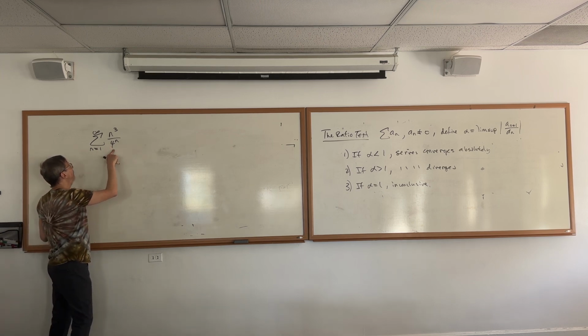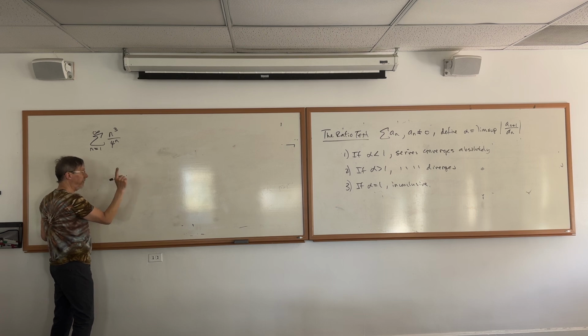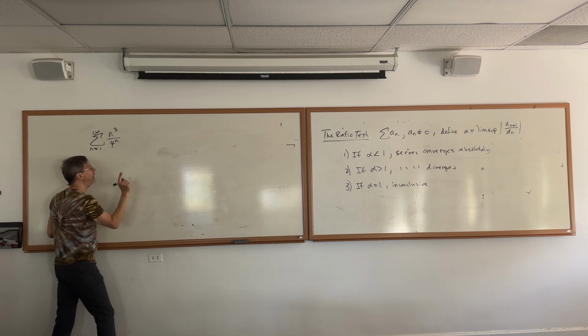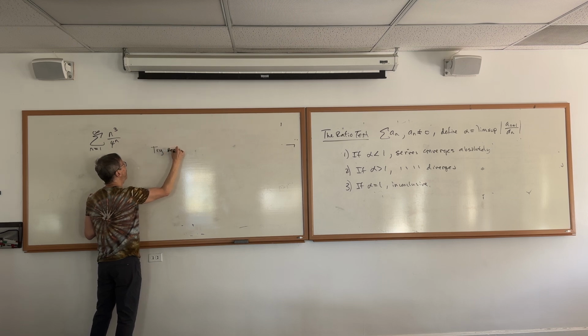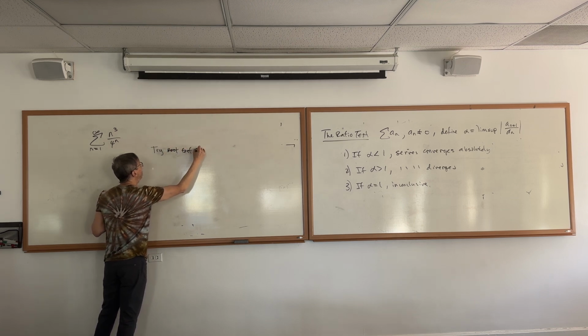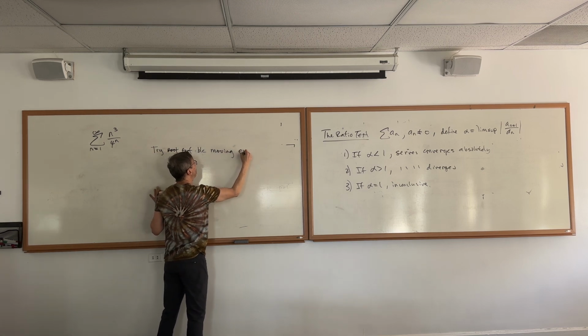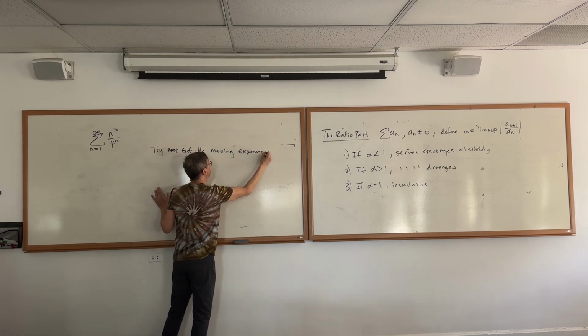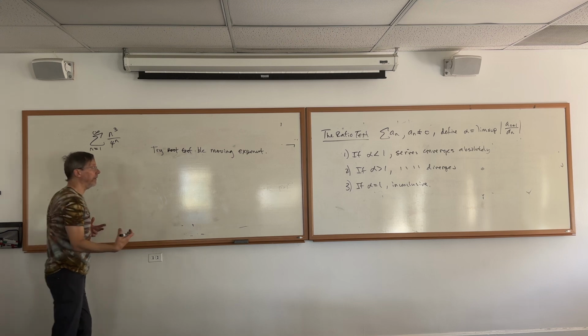So for this, we could try the root test, but that's going to feel a little painful. So let's just try it first. Let's try the root test because there's a moving exponent. Anytime you have a moving exponent, the root test is a good bet.